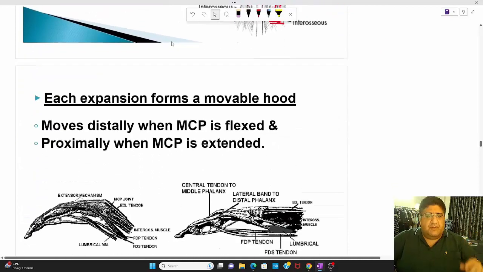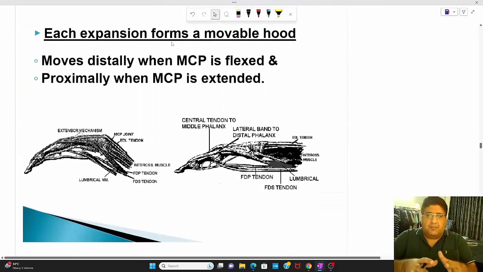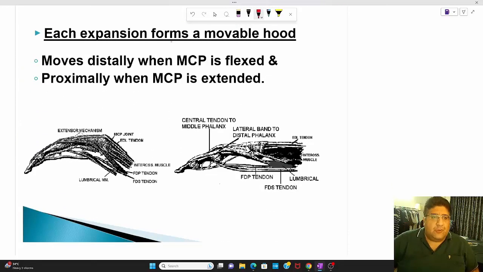Moving further, I have already told you how important they are. Now you have to understand, as we have already told you, that these extensor expansions form a movable hood, an extensor hood. Hood की बात हम कर चुके हैं, और हुड में हम ये भी डिस्कस कर चुके हैं that what comes and gets inserted into the hood, EIP वहीं आ रहा है, interossei आ रहा है, lumbrical आ रहा है, everything.